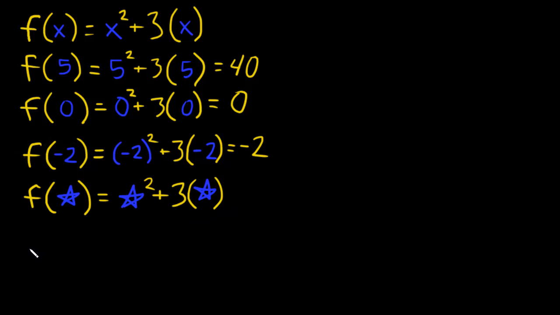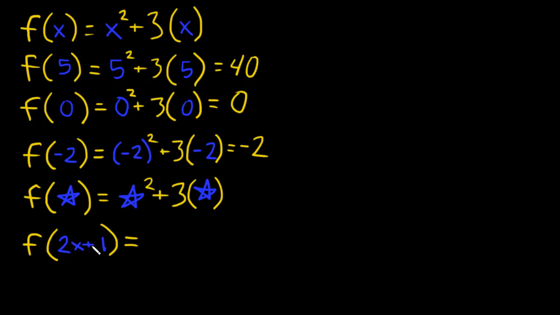All right. What about f of 2x plus 1? Well, this is where it gets a little tricky. Just like when I had that negative 2, I had to include the negative sign, so I had to put it in parentheses.